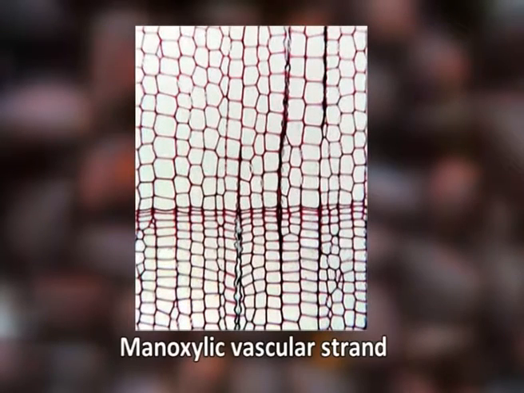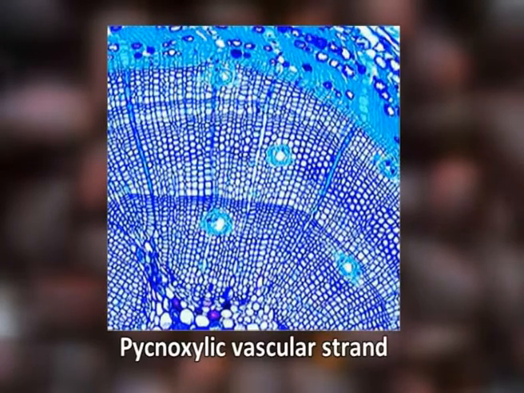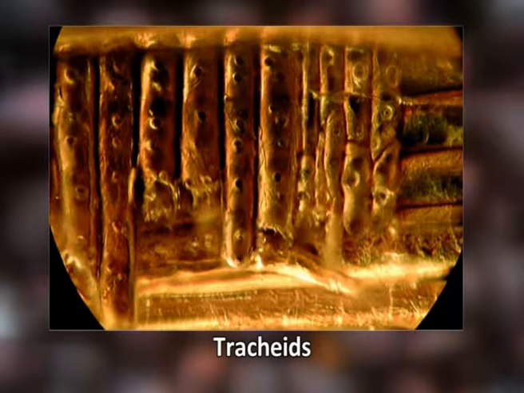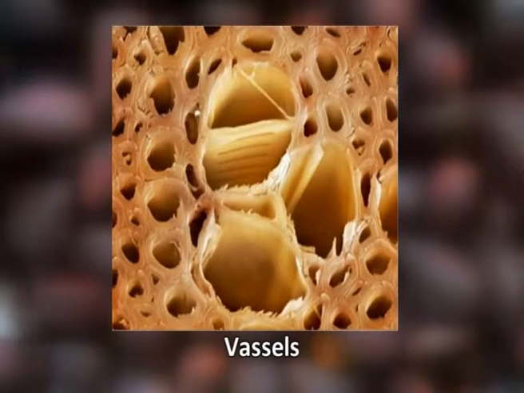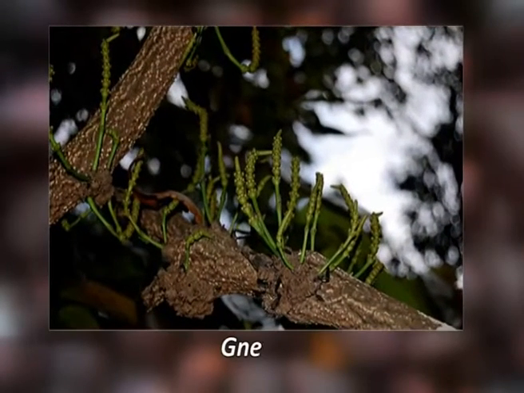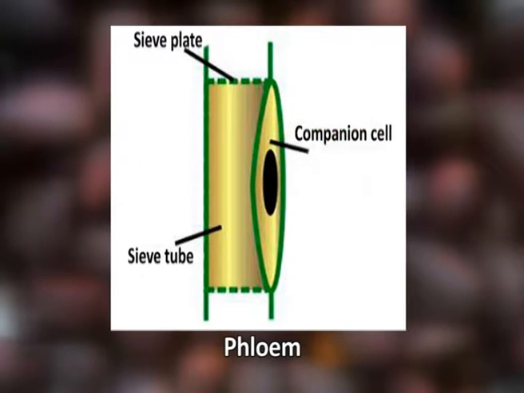The vascular strand is manoxylic in cycads and pycnoxylic in conifers. Tracheids are the conducting part of xylem, as vessels are absent in gymnosperms except in Gnetum and its relatives. Likewise, phloem lacks companion cells.